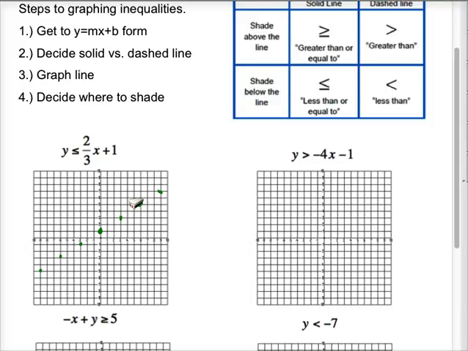All right, so once I have those points, now I have to decide what type of line I'm getting. I decide that by looking at the symbol. It has the "or equal to" piece. That is less than or equal to. So the fact that it has that little bar underneath it means I am getting a solid line.